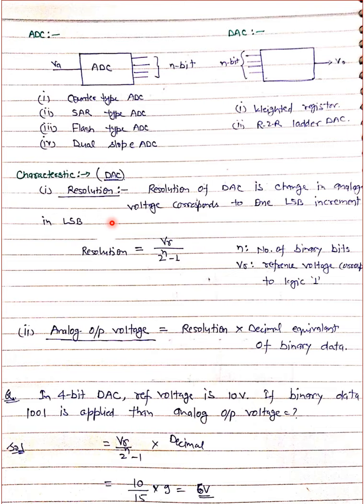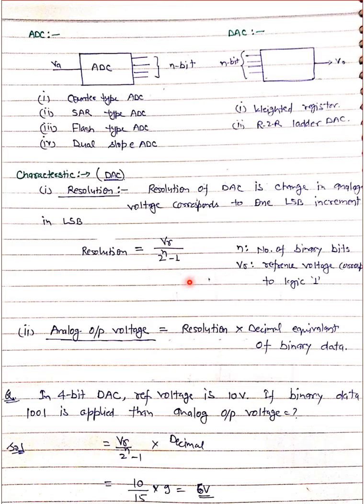It means by what amount the analog voltage or the analog signal increases when we increase 1 bit in the LSB of the digital signal. The resolution is given by VR upon 2 raised to power n minus 1, where VR is the reference voltage corresponding to logic 1 and small n is the number of binary bits.